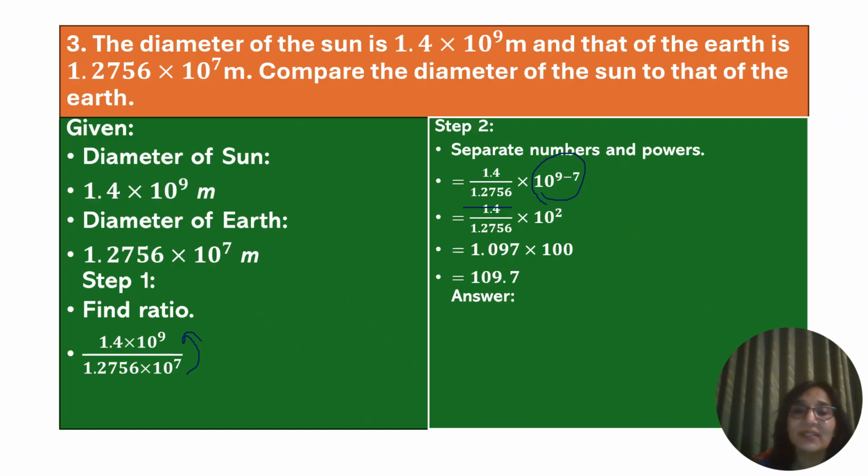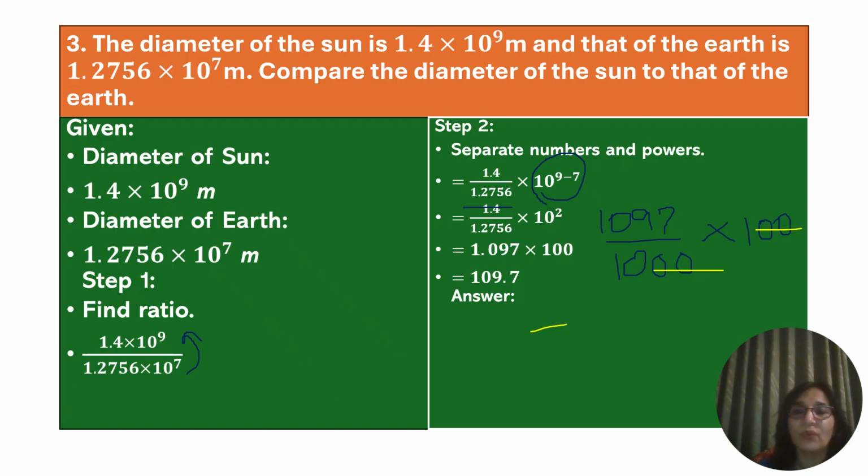Now, how did you get this final answer, children? You can take this as 1.097. I'll do a little calculation to make things easier for you. So 1097 will be divided by 1000 into 100. Now I'll cancel this 2, 0 goes, 0 goes.